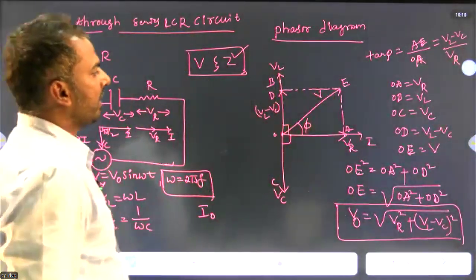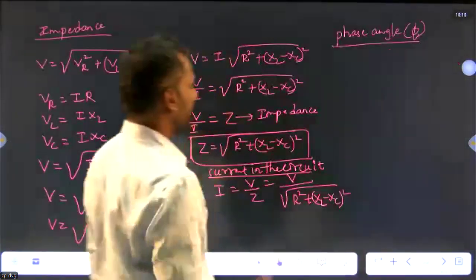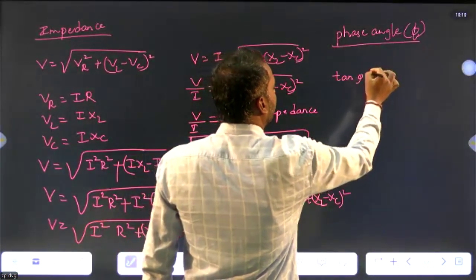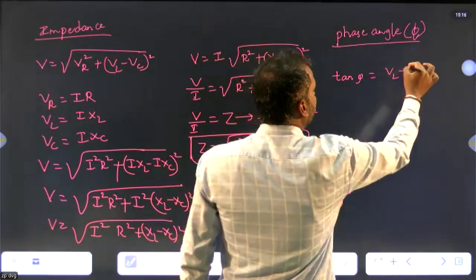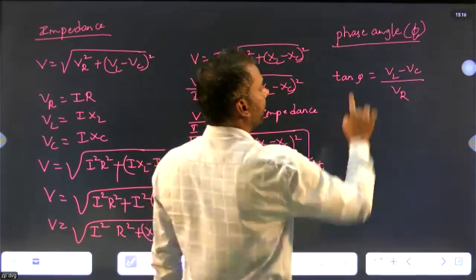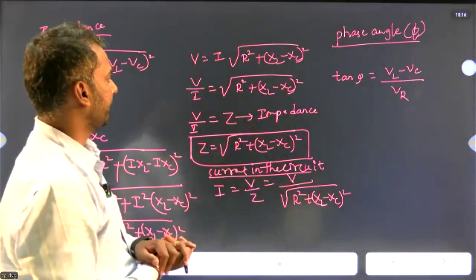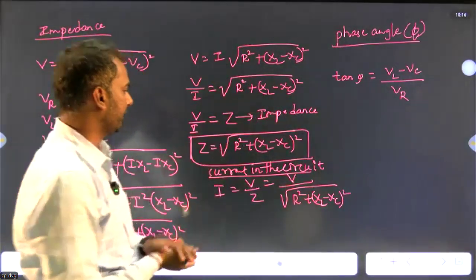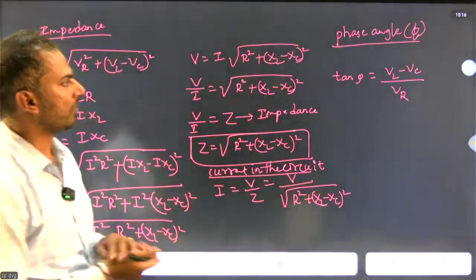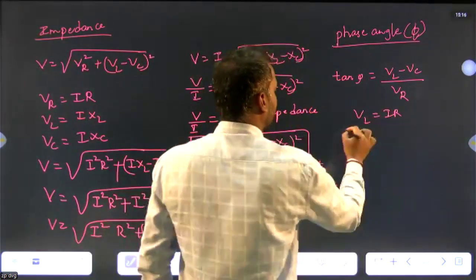Now, the phase difference or phase angle between resultant voltage and current: tan phi is equal to (VL minus VC) divided by VR. If VL is greater than VC, or XL greater than XC, Z is equal to the root of R square plus (XL minus XC) whole square. Now what is VL?